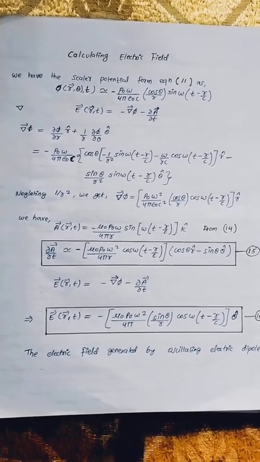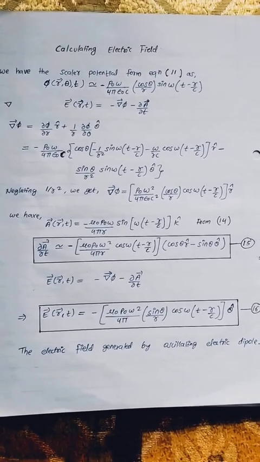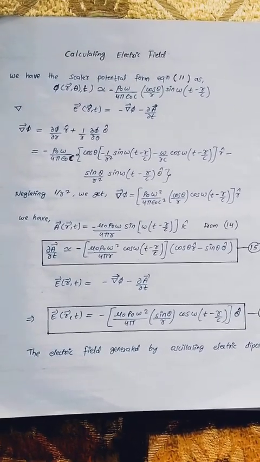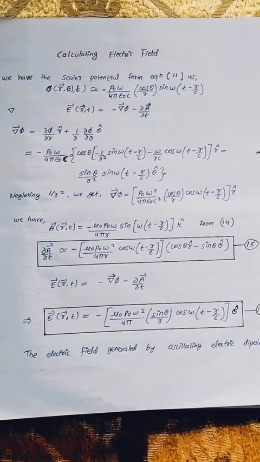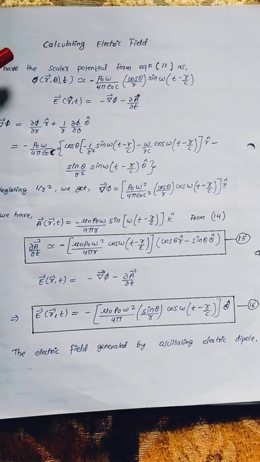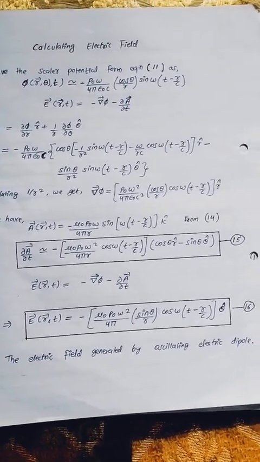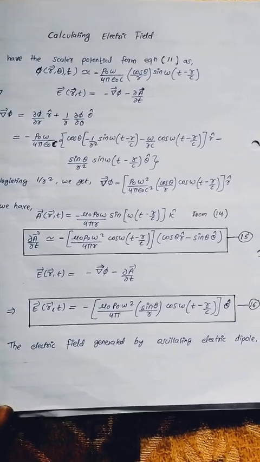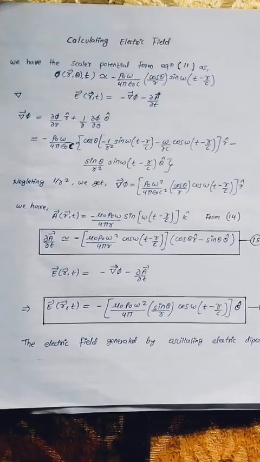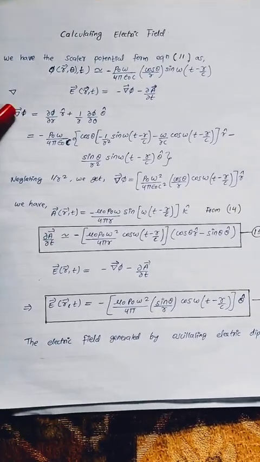Calculating the electric field, we have the scalar potential from equation 11 as phi of r, theta, t equal to p naught omega by 4 pi epsilon naught c, cos theta by r, sin of omega t minus r by c.